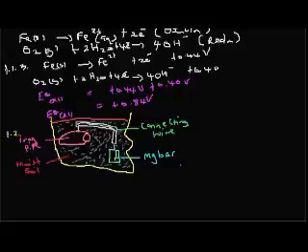Now the first question, question 1.2.1, says use the table of standard reduction potentials to explain why magnesium can be used to protect an iron pipe against rusting.